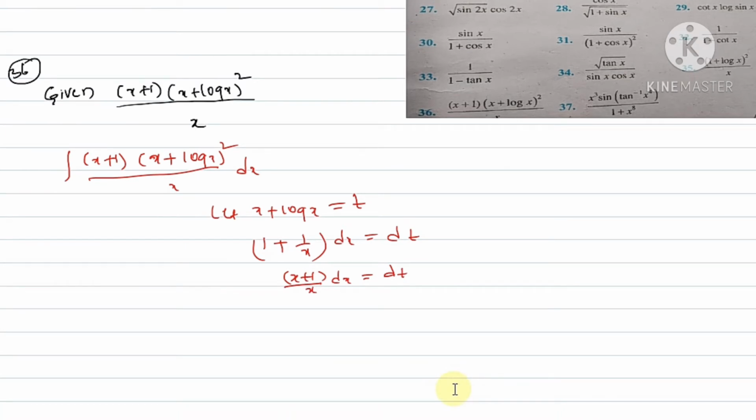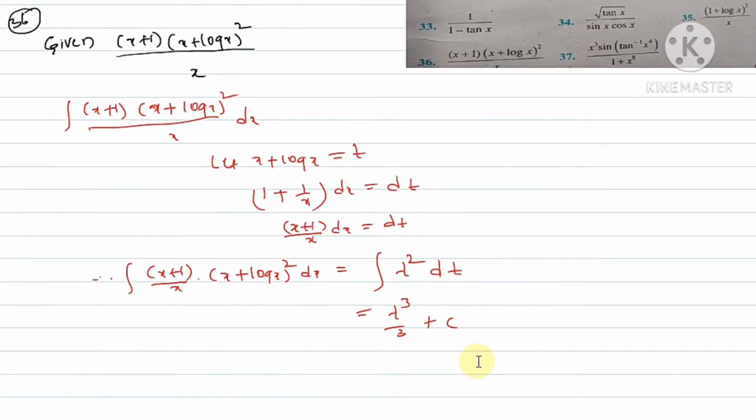Then if we substitute here, the integral of x plus 1 upon x into x plus log x whole square dx is equal to the integral of t square dt. This is t cube upon 3 plus some arbitrary constant.